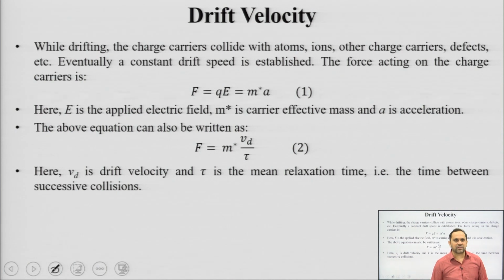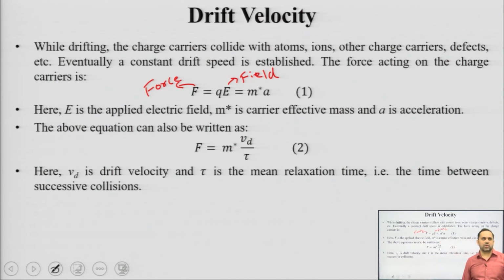Whenever you apply an external electric field via an external bias or voltage, you can say that a force per unit charge has been applied. This is your applied electric field. So, I can say that a force equal to Q times E has been applied.